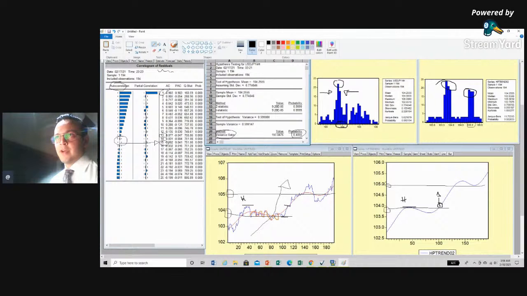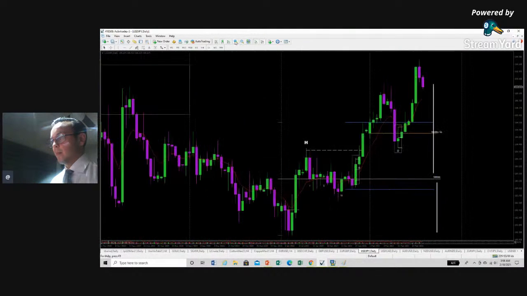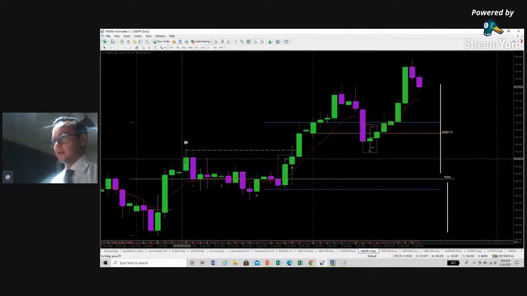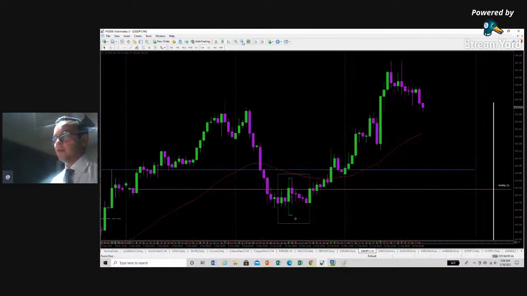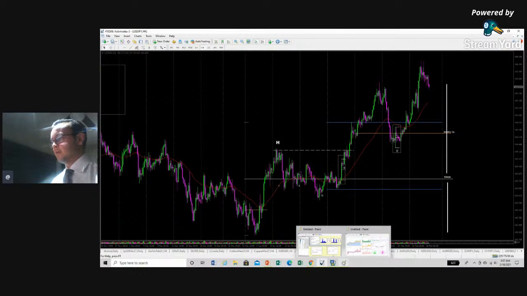So this variation over here, number 1, which is the one that creates the high, is being surpassed or achieved back to the mean value at around 10 to 15 days.